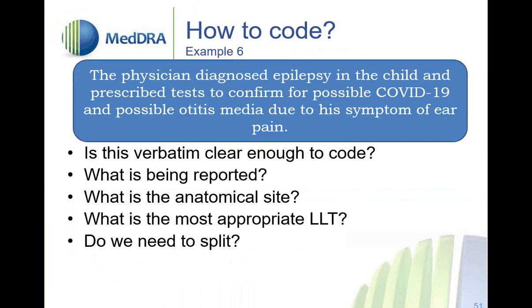So there was a physician, he diagnosed epilepsy in a child, and in addition to the diagnosis, he prescribed tests to confirm for possible COVID-19 and tests for possible otitis media due to the symptom of ear pain.